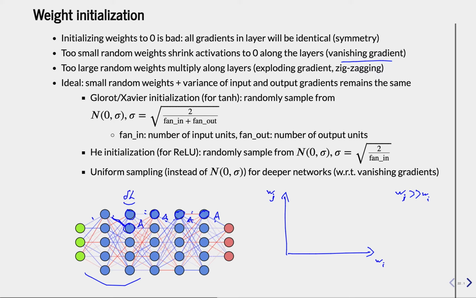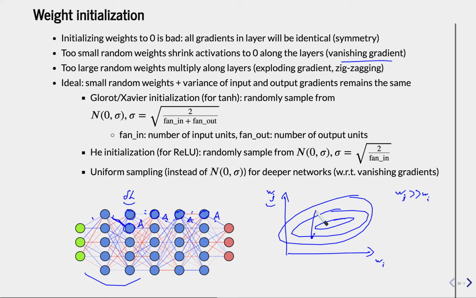If you have a surface like this, and you are at some point here, and you compute the gradient in different directions, then the update you would have for Wj will be much larger than the other ones.